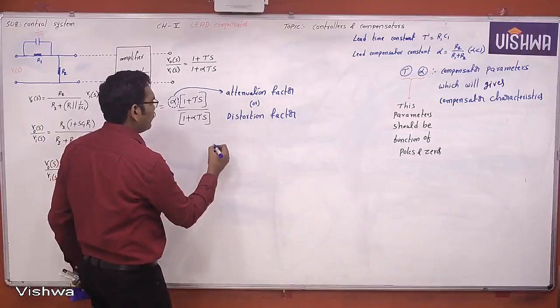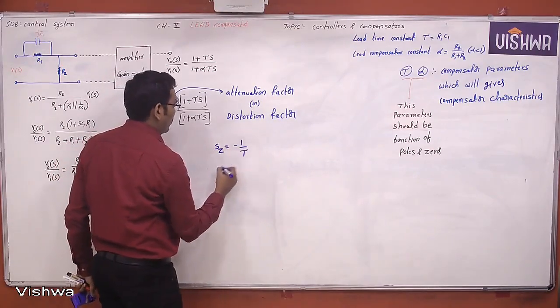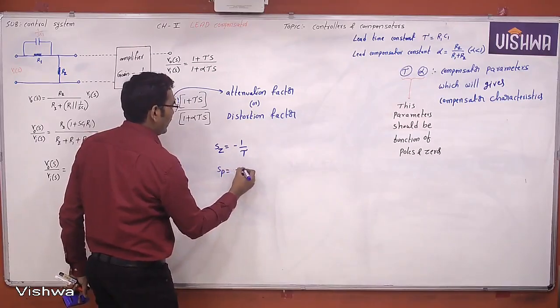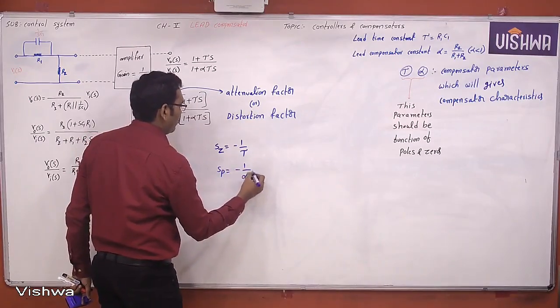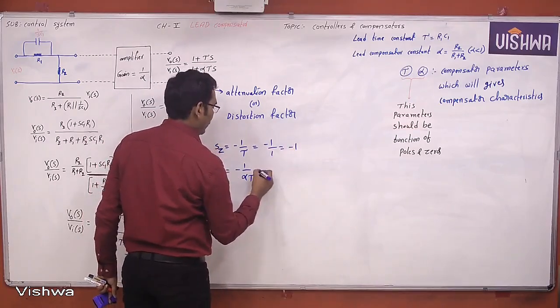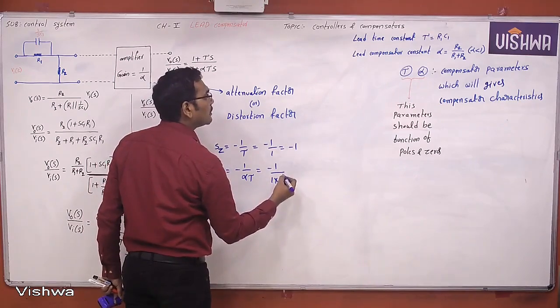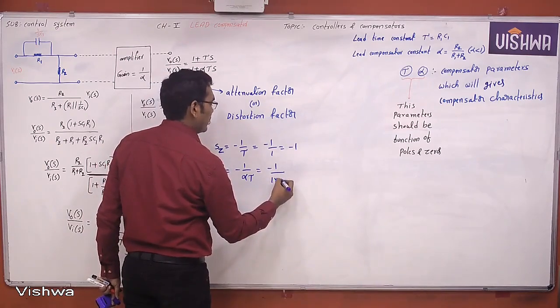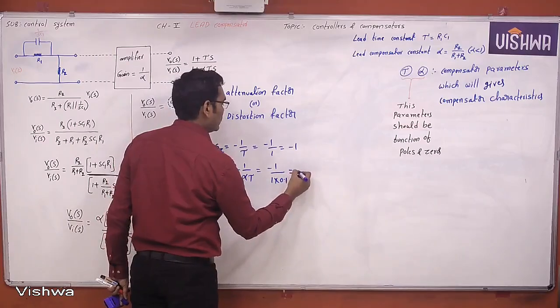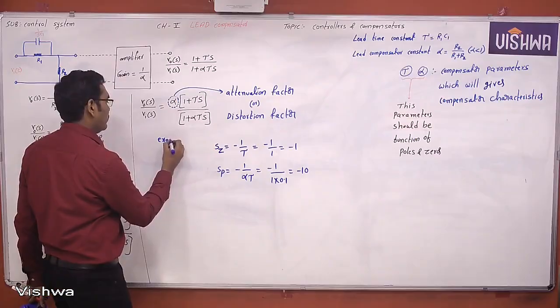What is a finite pole? What is a finite zero? Finite zero is minus 1 by tau. Finite pole is minus 1 by alpha tau. Let us take one example.